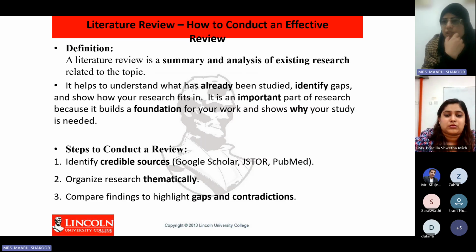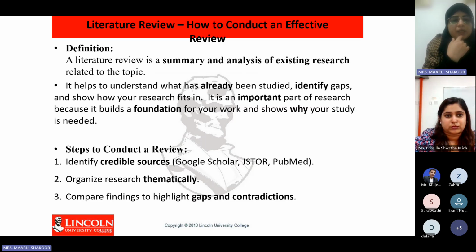JSTOR is basically an abbreviation of journal storage, an online storage where you can find all the primary resources, and I think it came into being in 1994, if I'm not wrong. So you can get all the information here which you want to learn about any topic and any book. Primary sources are all there. PubMed is also there. It's a very credible, good resource.